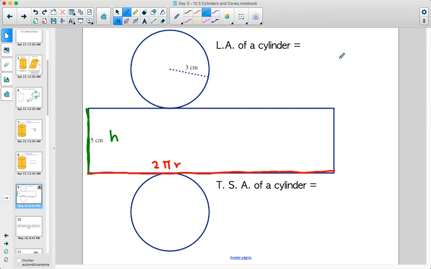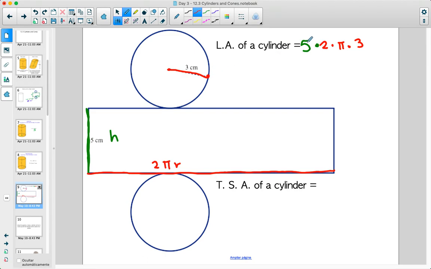I'm going to do 5, because that's the height, times 2 pi r. And 2 pi r is 2 times pi times 3, because that's the radius right here. The radius is from the center to a point on the circumference, 3.